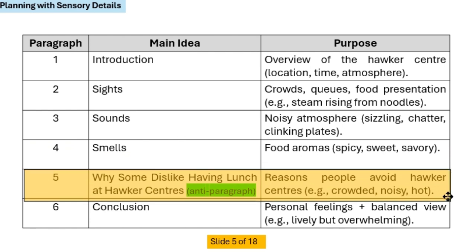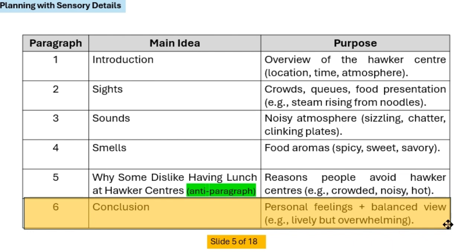In this paragraph, you can give reasons why some people do not like to have lunch at hawker centers, especially during lunchtime. The last paragraph, the 6th paragraph, is the conclusion. The concluding paragraph provides your personal feelings and a balanced view about having lunch during lunchtime at the hawker center.